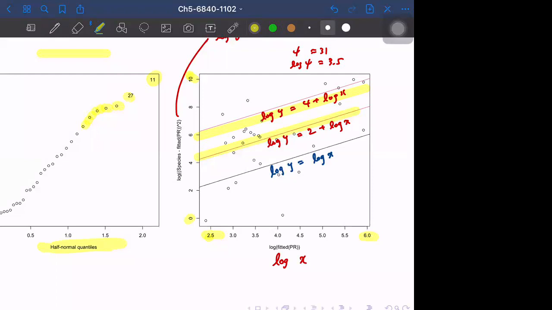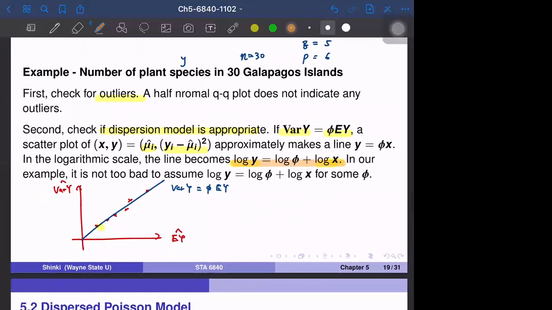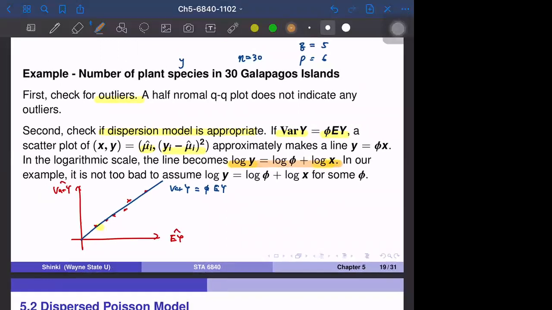Before taking the logarithm, these observations are really large in terms of x values or y values, so they have higher influence. So the estimated phi is pretty large, e to the power 3.5 or something. Overall, it's not too bad to assume the dispersed Poisson model.